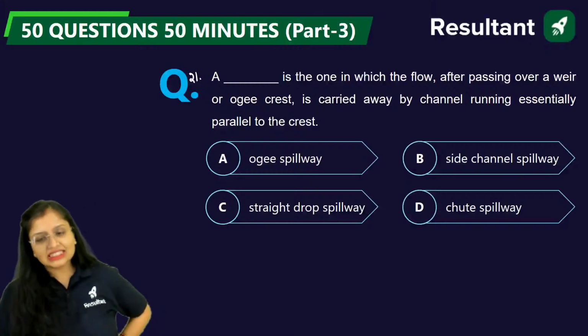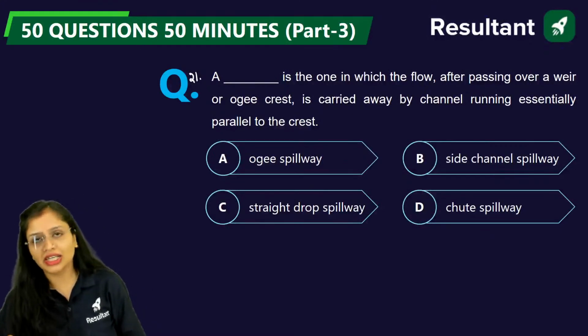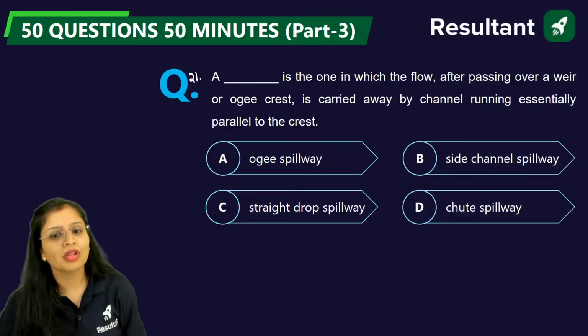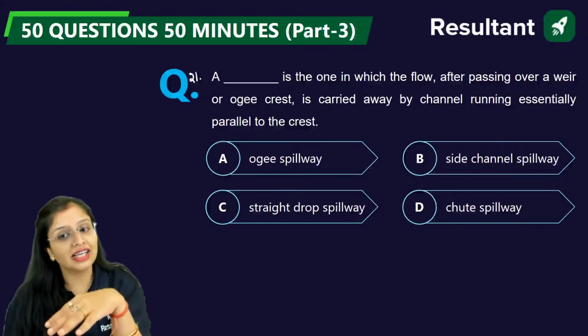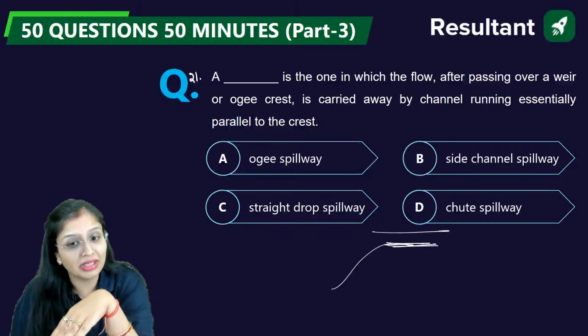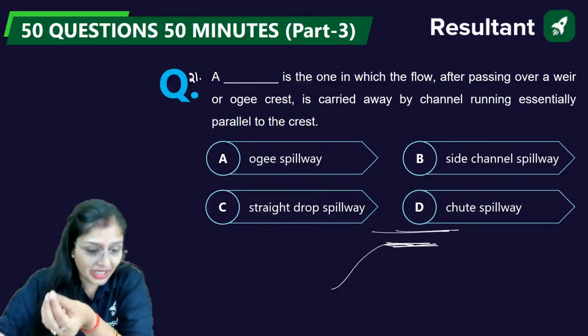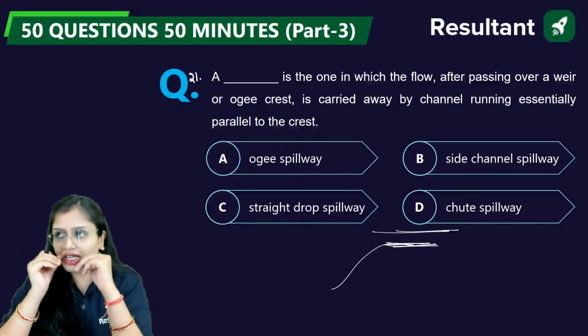Now, question number 21. A dash is the one in which the flow after passing over a weir is carried by a channel which is running parallel to the crest. Crest means the top surface. Which spillway do we provide? Guys, spillway is used generally in all the dams.